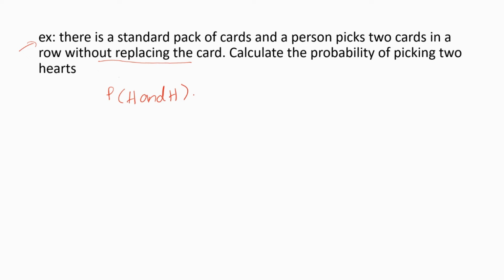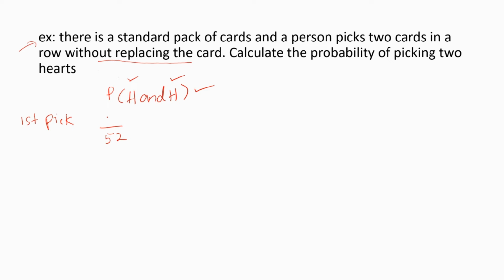Both cards being hearts. This is the multiplication law. We discussed this. So in order to do that, we have to calculate the individual probabilities separately. So let's calculate them. First pick. When the person is picking for the first time, there are 52 cards.